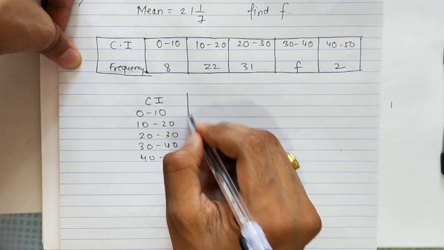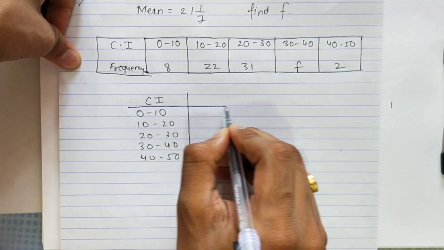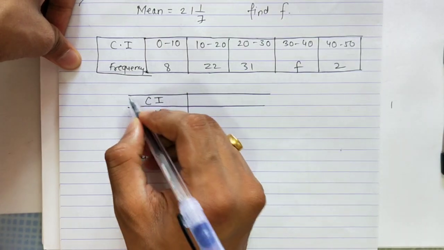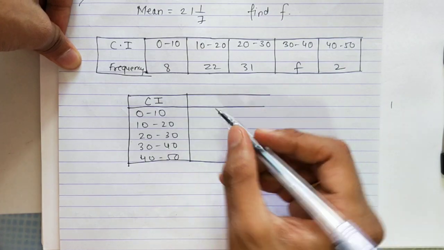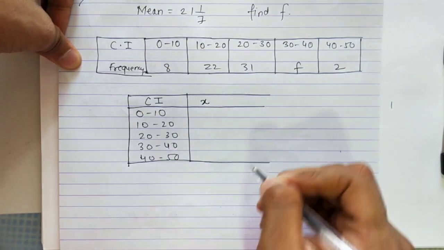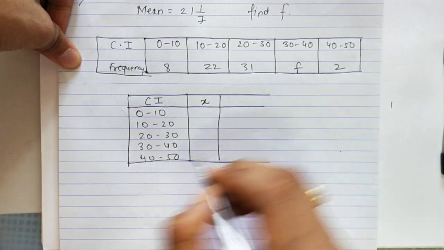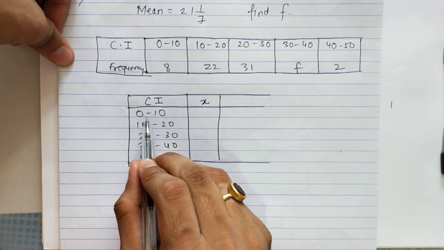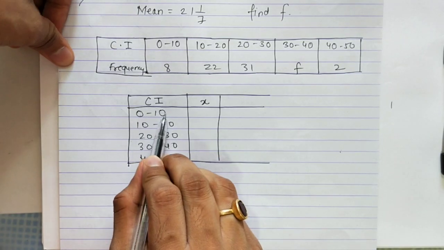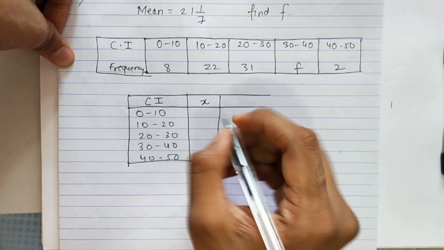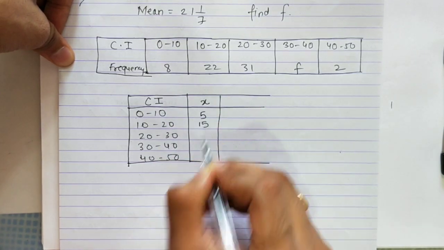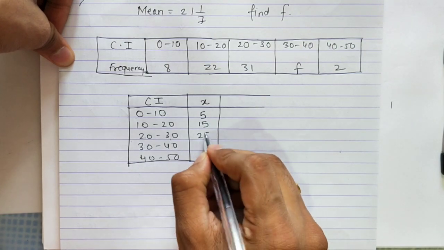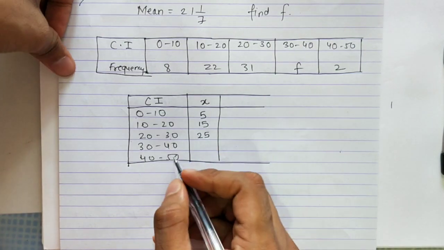Now see, I have told you whenever you have a range given like this, we have to find the value of x, the column of x. And how to find x? The midpoint of this. So for 0 to 10 the midpoint is 5, for 10 to 20 the midpoint is 15, for 20 to 30 the midpoint is 25, correct?